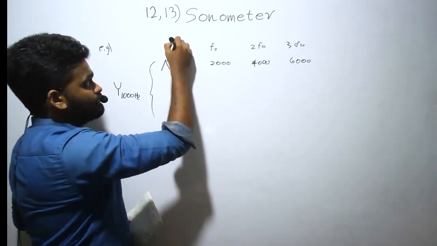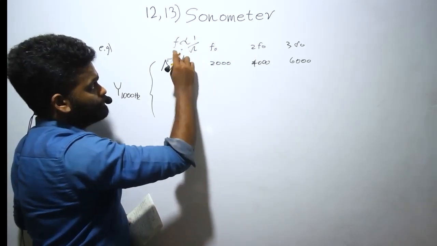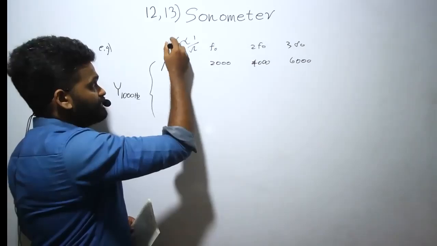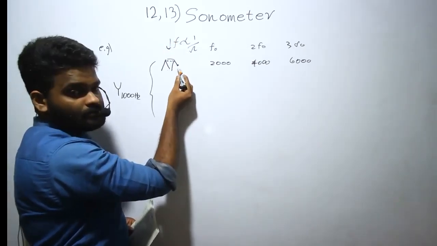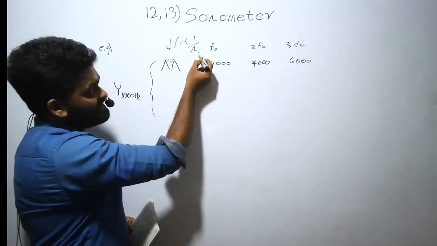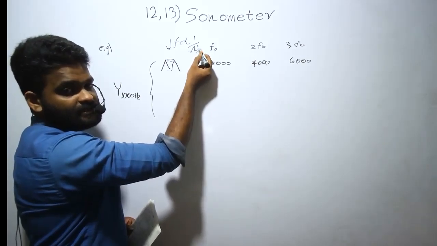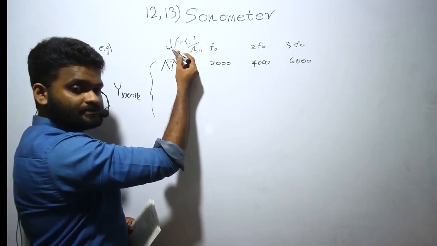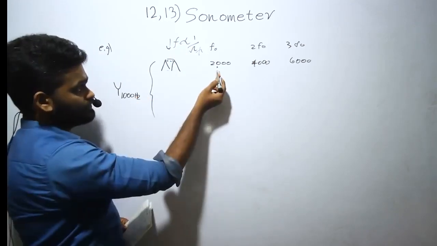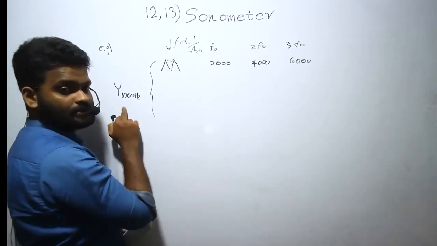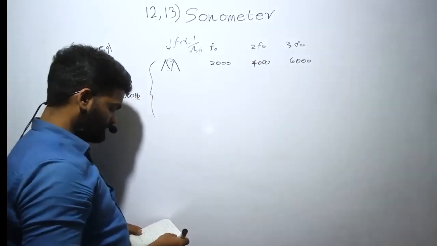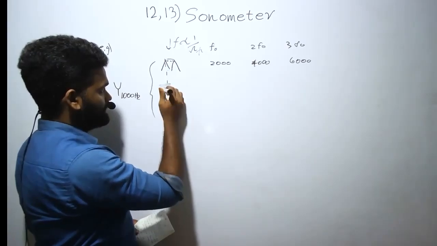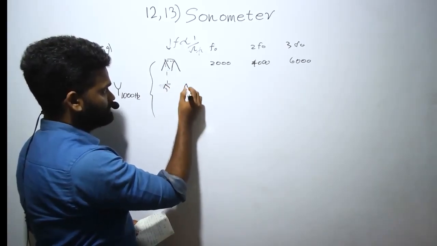So it is not enough. Then what do we do? We need to decrease the frequency of the wire. How do we decrease that? By increasing the length. If we increase the length, frequency decreases, because we need to get this frequency to 1000 hertz. Let's say we slightly increase the length by moving the peg.